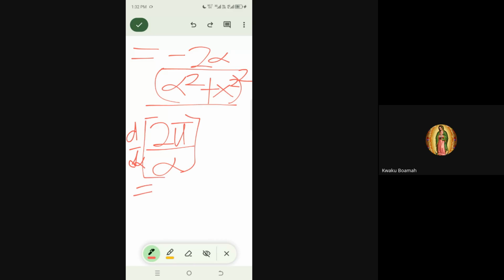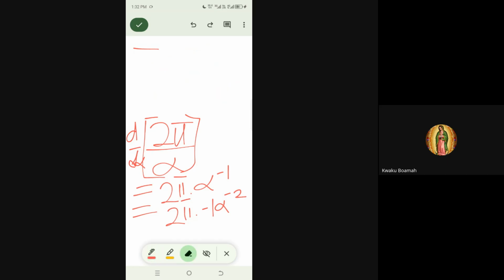So in this case, 2 pi is a constant. We want to deal with the alpha. So you have 2 pi times this will give us negative 1 alpha to the power of minus 2. So we can rewrite this as negative 2 pi over alpha squared.